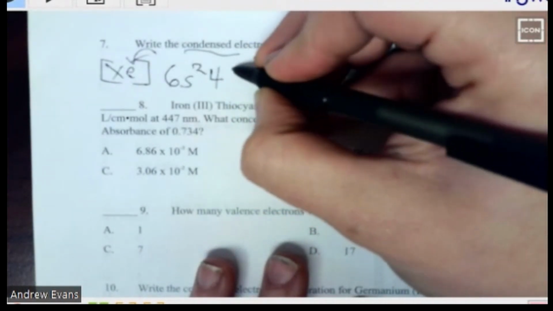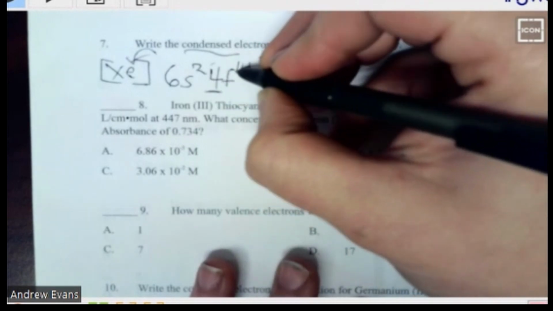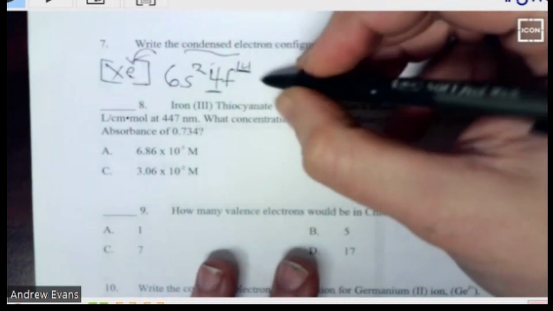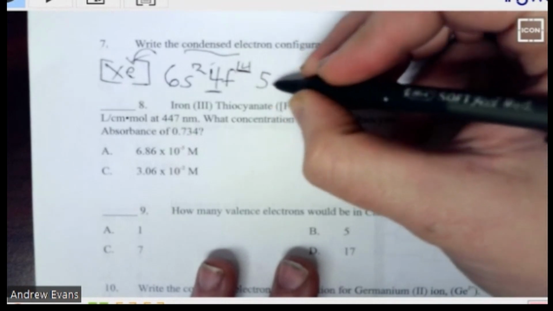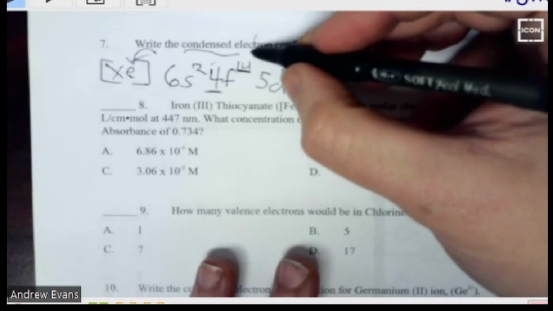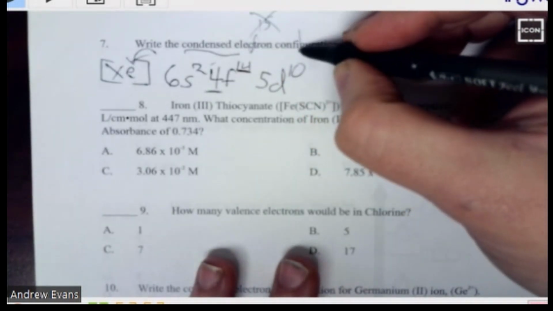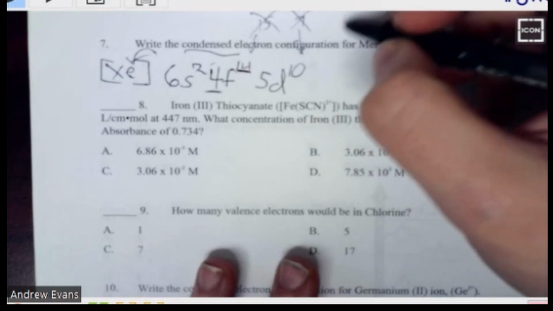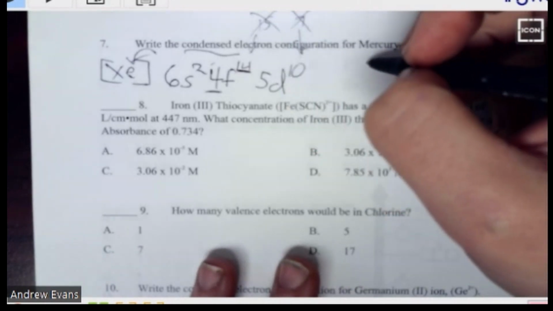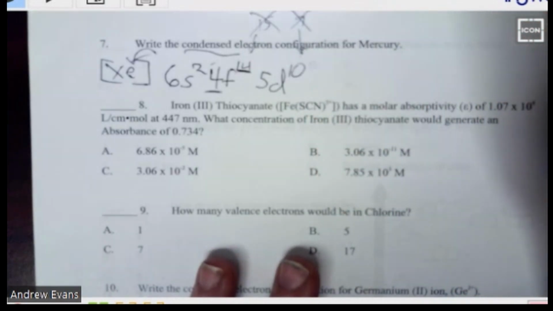It goes to the f, 4f14. There's only 14 elements in there. Then it goes to 5d10. That's not 15, and that's not 9. There are 10 elements in that row. It's just the weirdness of the lanthanide and actinide series.